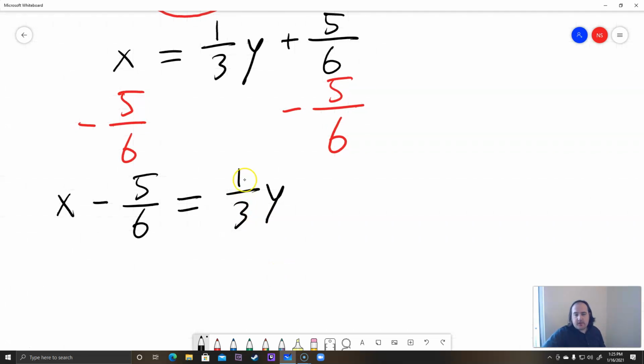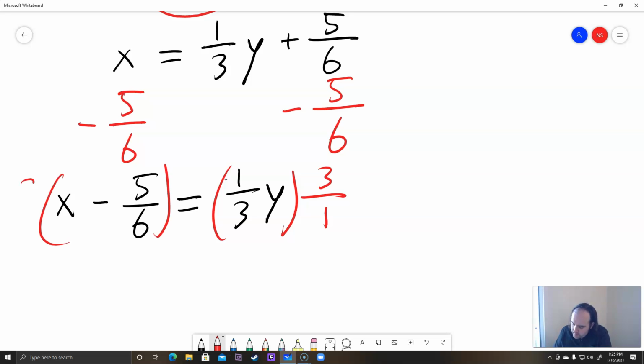So we're going to multiply both sides by the reciprocal of 1/3, which is 3 over 1, because 3 over 1 is the reciprocal of 1/3.